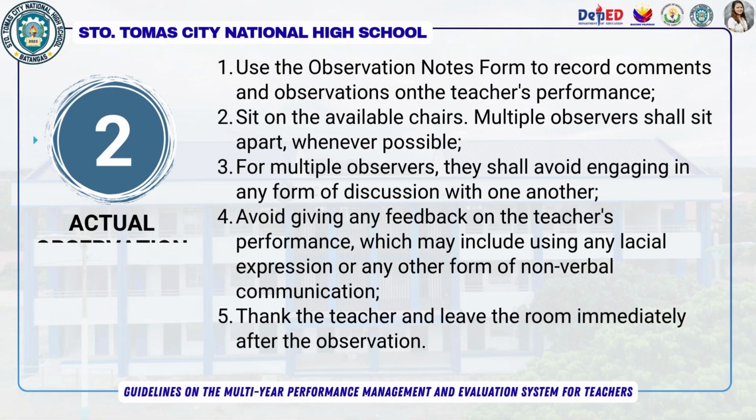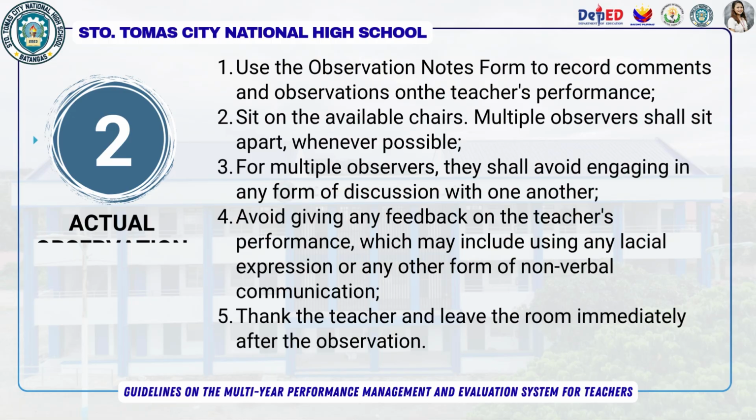For stage 2, the actual observation, this is the act itself where professionalism and focus are paramount. The observer's primary tool is the observation notes form to record comments and observations. Observers must sit apart, if multiple, and must avoid any discussion with one another.